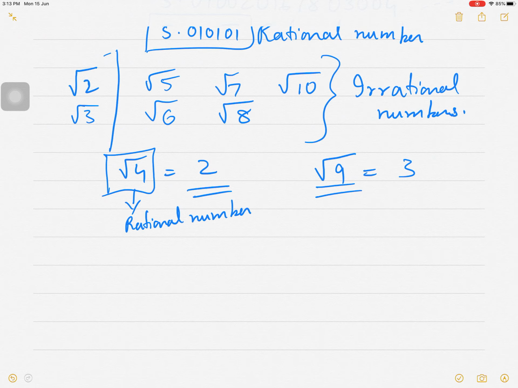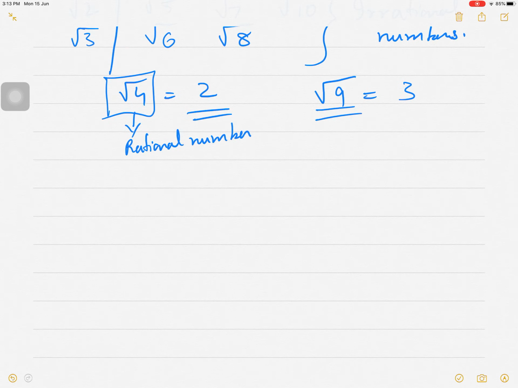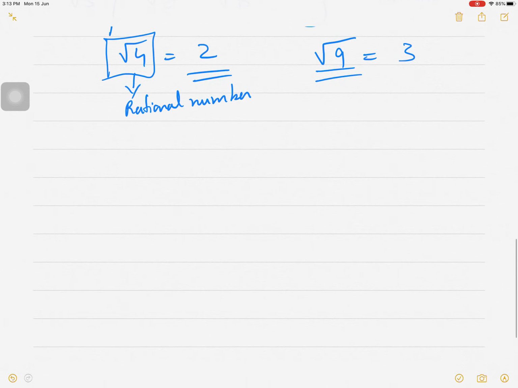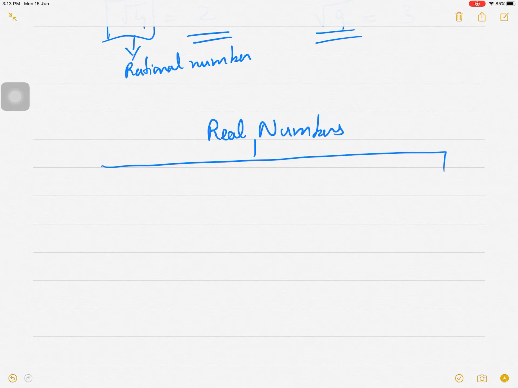Okay, so let us make a tree diagram out of this. Rational numbers and irrational numbers together are called real numbers. Real numbers are divided in two: rational and irrational.